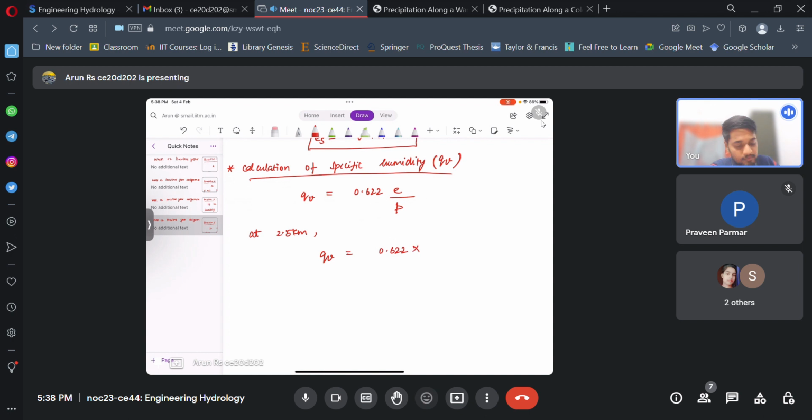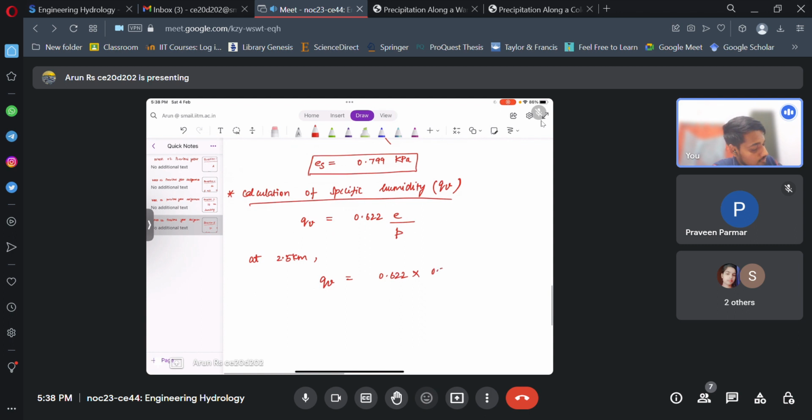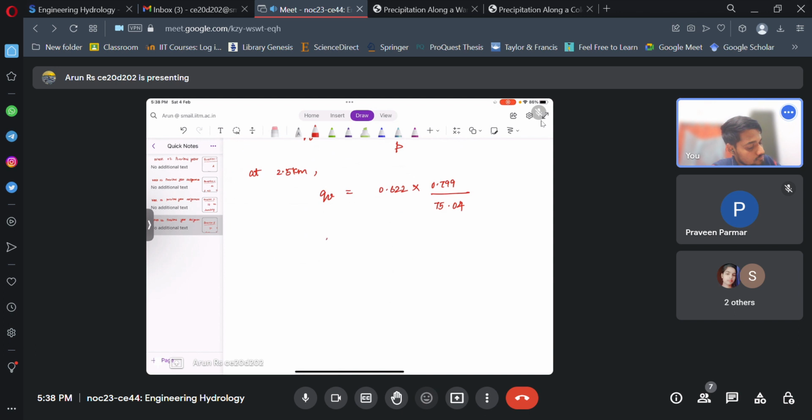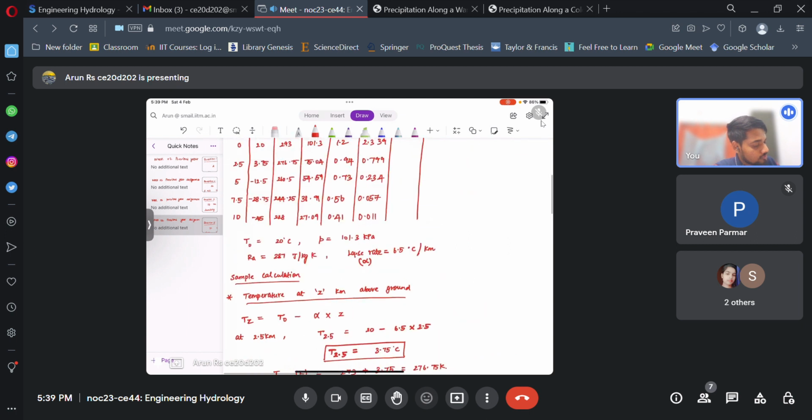Your vapor pressure at 2.5 kilometers is 0.799. Your total pressure is 75.04. So your specific humidity is 6.622 into 10 power minus 3 kg of water per kg of moisture. So similarly you have to compute for all the depths.